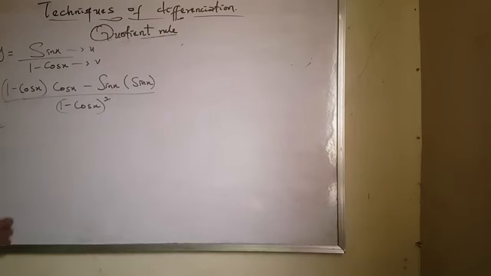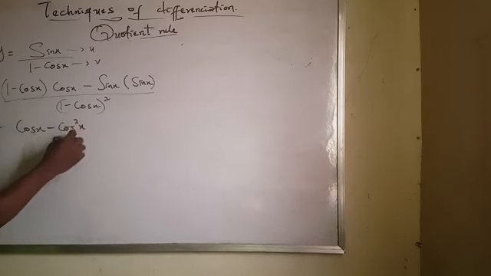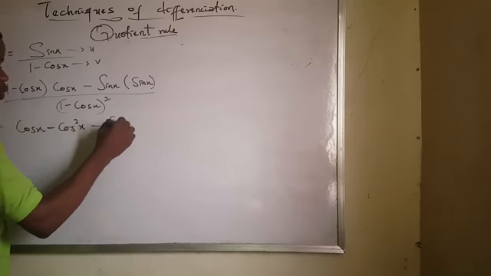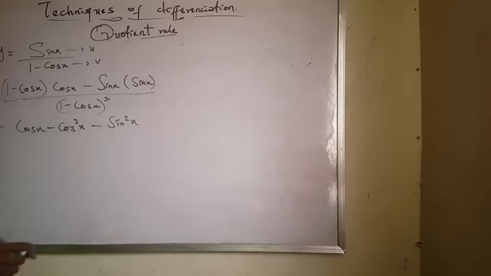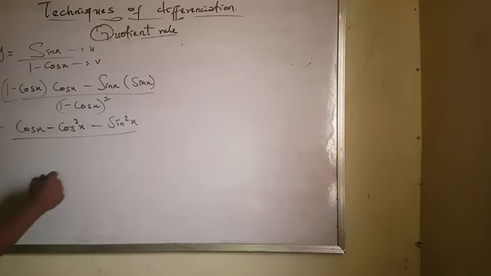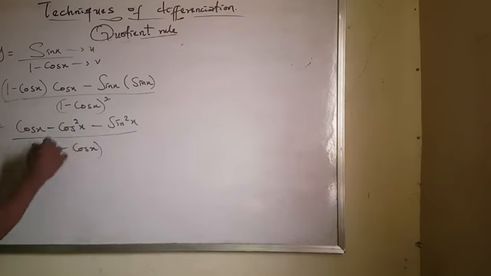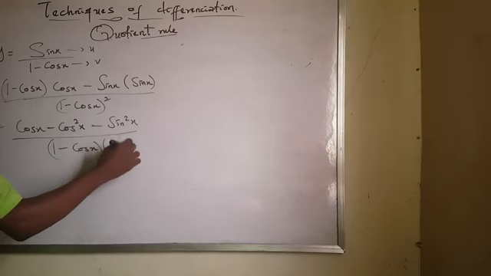So what will that give us? We have cos x times this, cos x times this, minus cos square x, then minus sin square x. Are you seeing something at all? Then upon 1 minus cos x, 1 minus cos x.